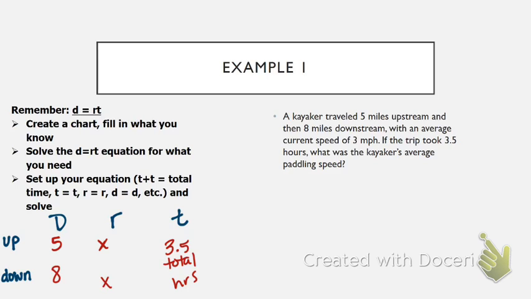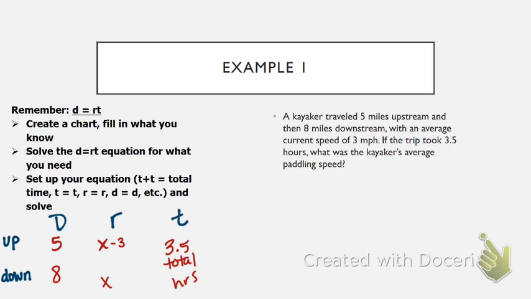Now for this, we do have to have some knowledge of how nature works. If you're in a kayak and you're paddling upstream, you're going slower than your average speed because the current is slowing you down. If you're traveling downstream, you're going faster because the current is pushing you, helping you go forward. So if the current has a speed of 3, upstream we are going our average speed minus 3, x minus 3, because the current is slowing us down.